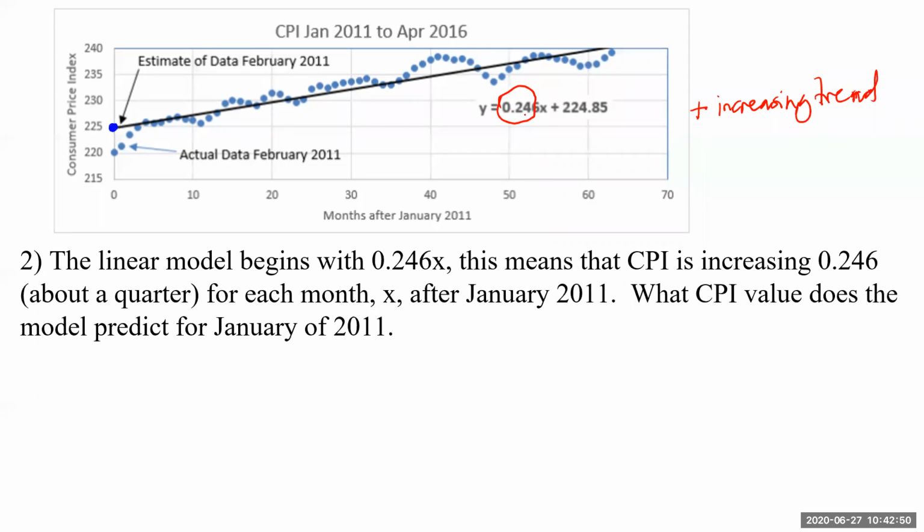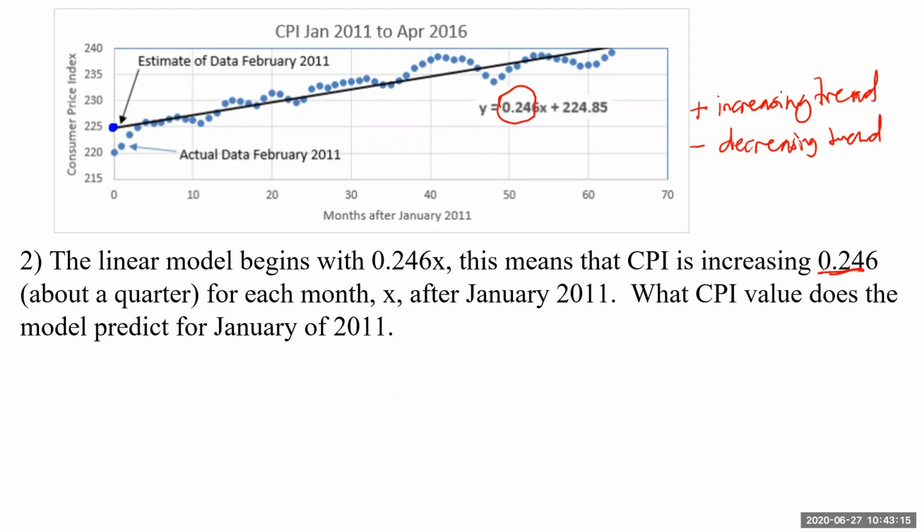And when the value attached to the x is negative, we say there's a decreasing trend. Okay, so the linear model begins at that. This means that CPI is increasing 0.246 for each month after January 2011.